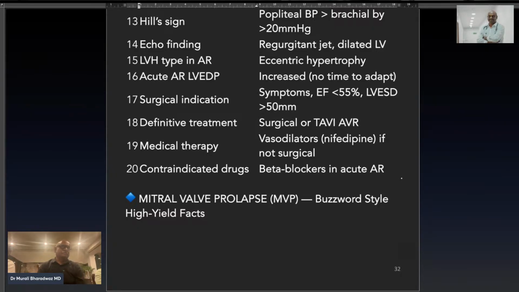Miss ARD. Mitral regurgitation is at the apex. Ash shouts in the corner. Apex.